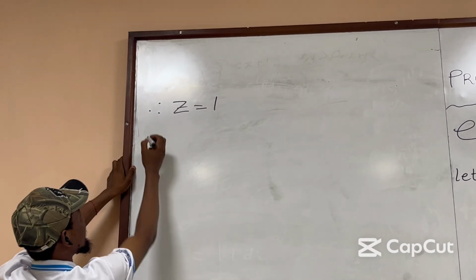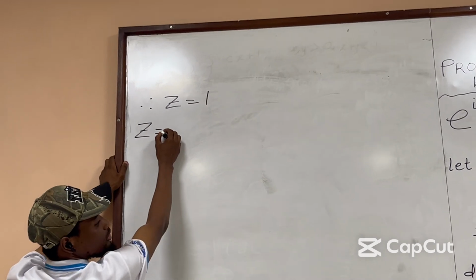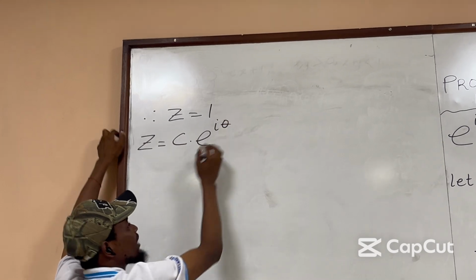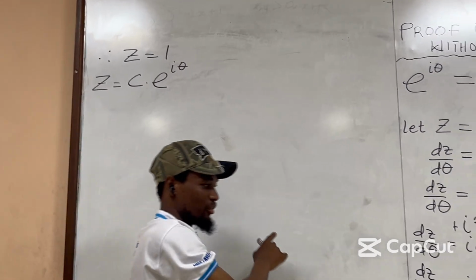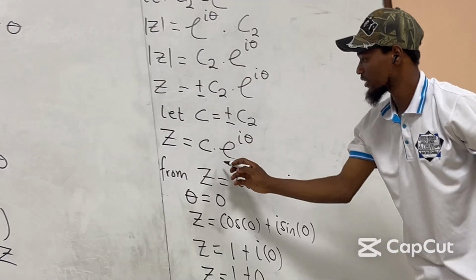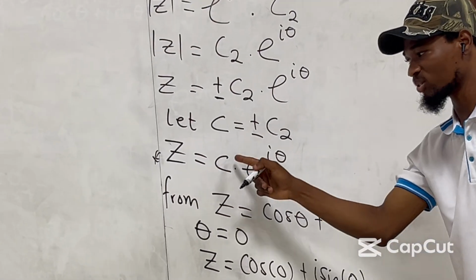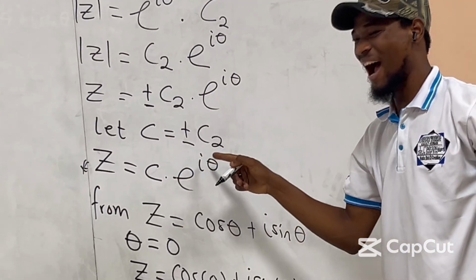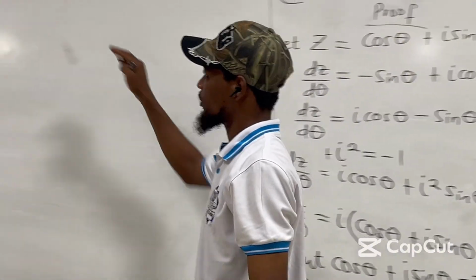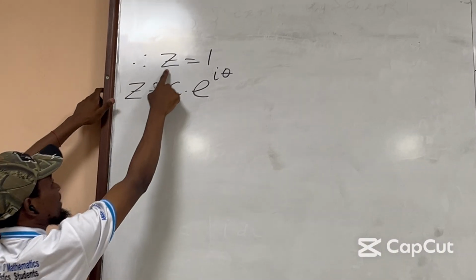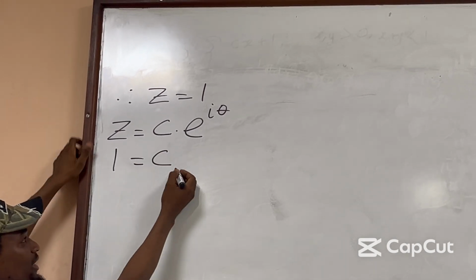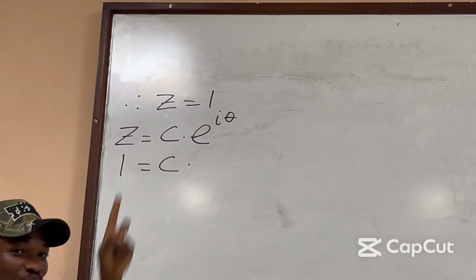Since z equals 1, we know from here that z is equal to c times e to the power i theta, right? And z is equal to 1. So by substitution, 1 is equal to c times e to the power i multiplying theta. Remember, you can't just assume c is equal to 1.